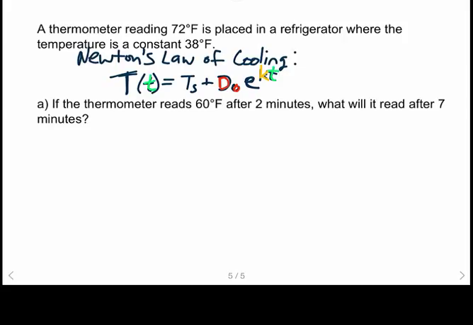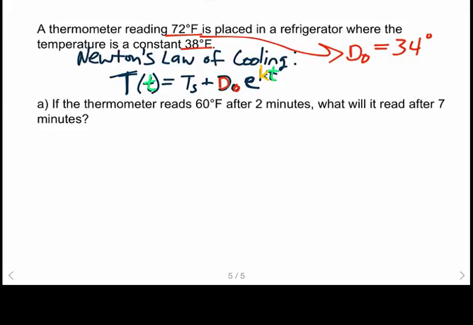So if we're talking about a dead body, the body was usually at, say, 98.6 degrees, and then you have an outside temperature. You would take the difference there, and that would be D sub 0. In this case, we have a thermometer that was at 72 degrees, and it's going to 38 degrees. And so what that tells me is that D sub 0, the initial temperature difference, is 34 degrees.